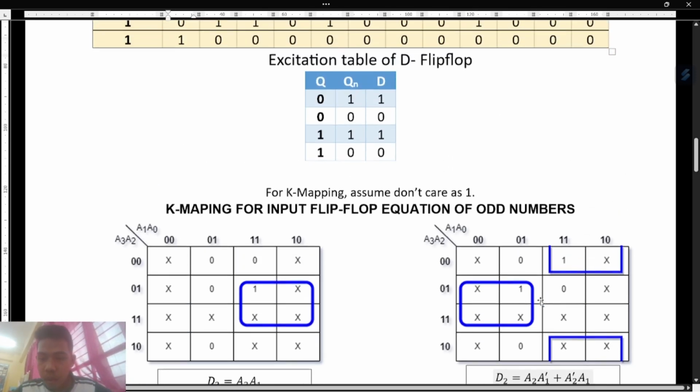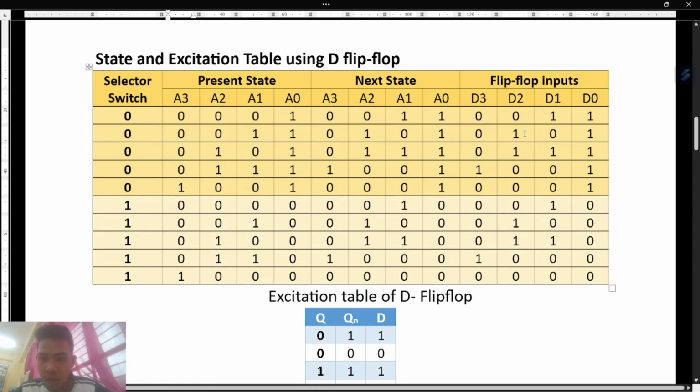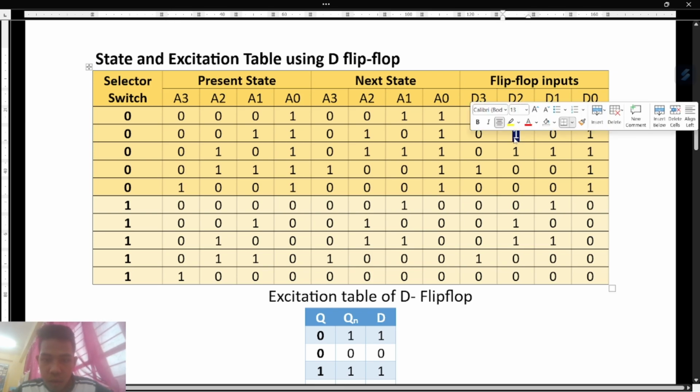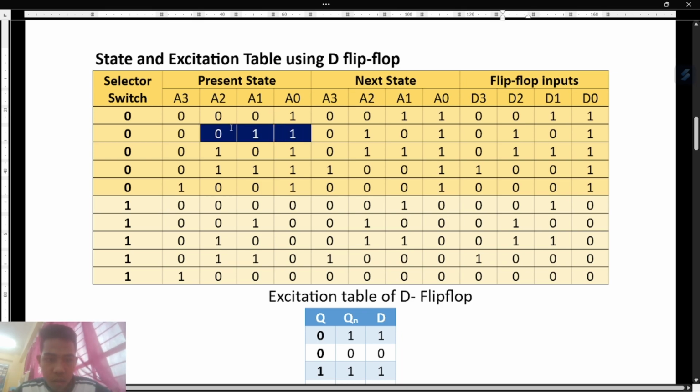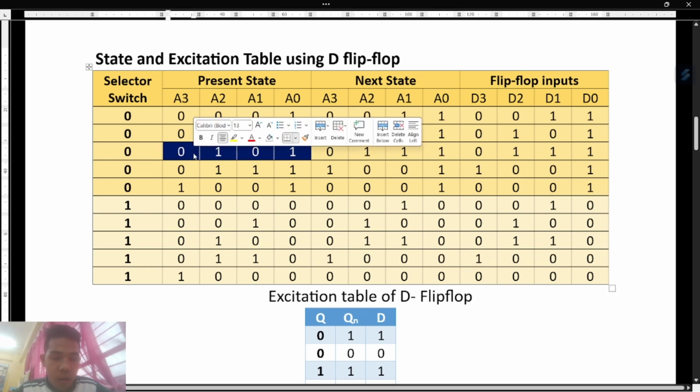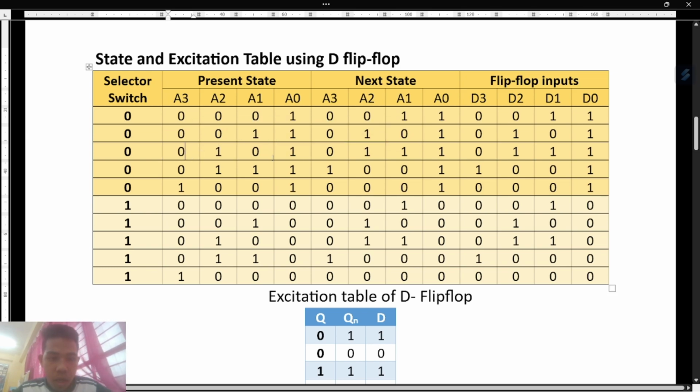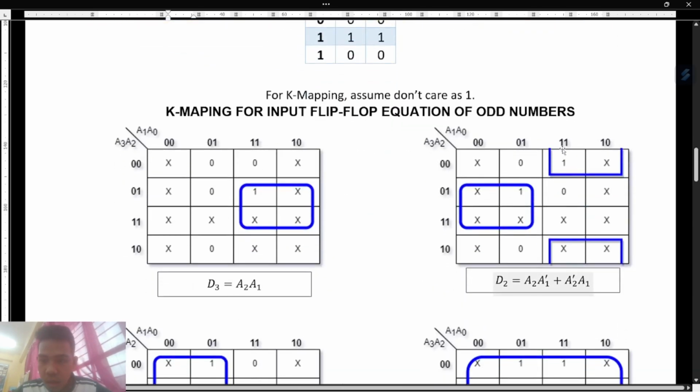Next is D2. D2 is 0 1 1 0 0. It's high when the present state is 3 and 5, and the rest is don't care.